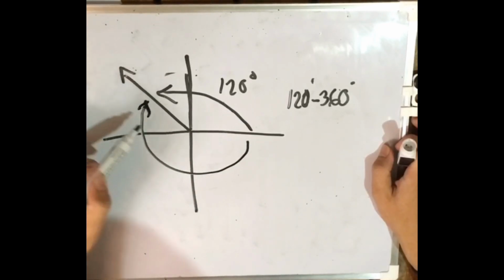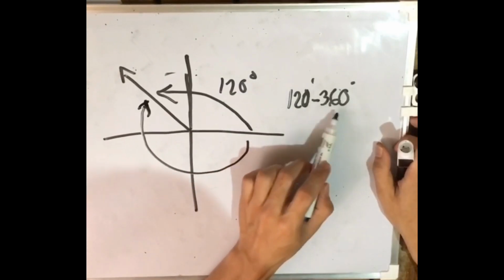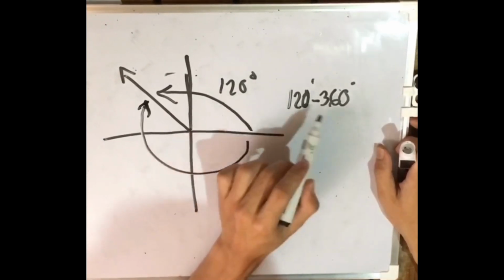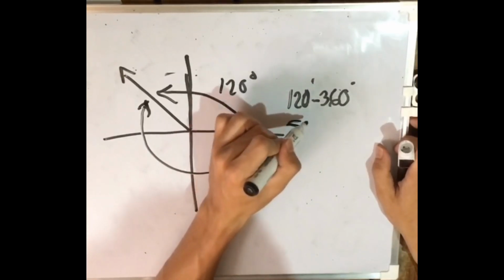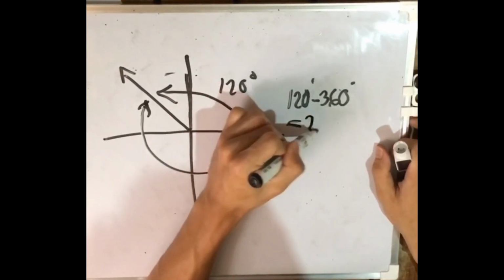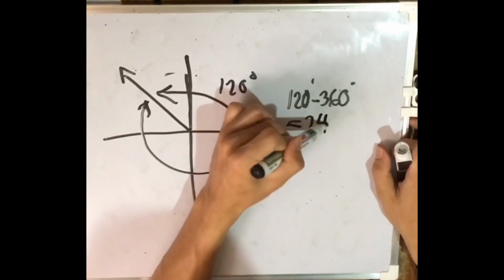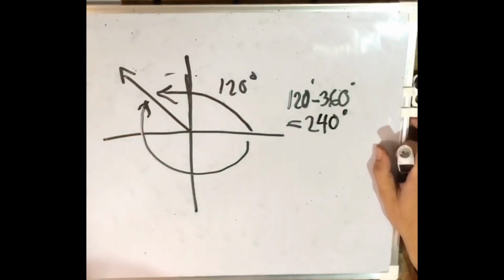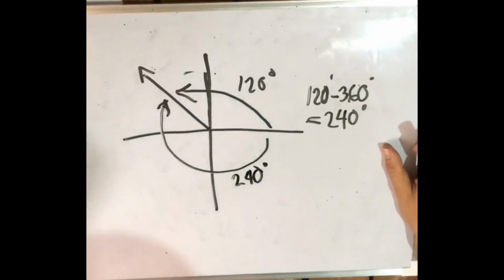So to find this negative angle, we're gonna subtract. Positive 120 minus 360 equals negative 240 degrees.